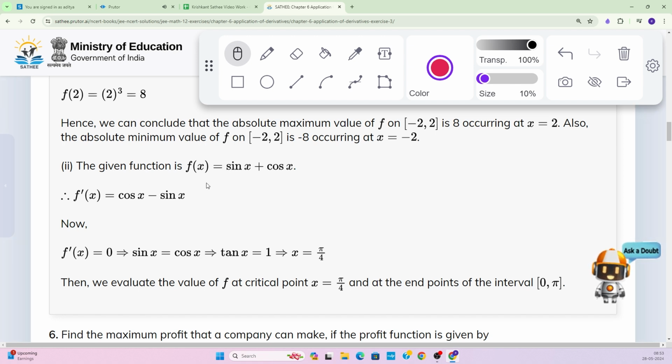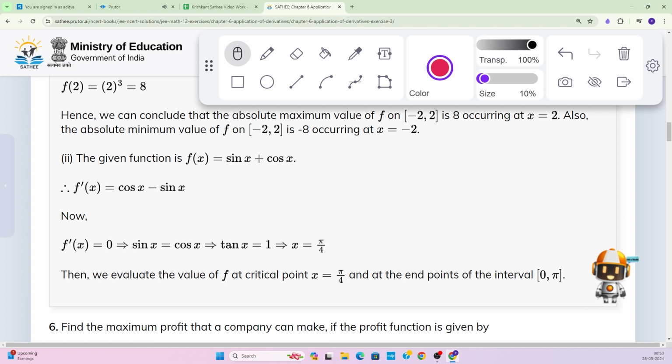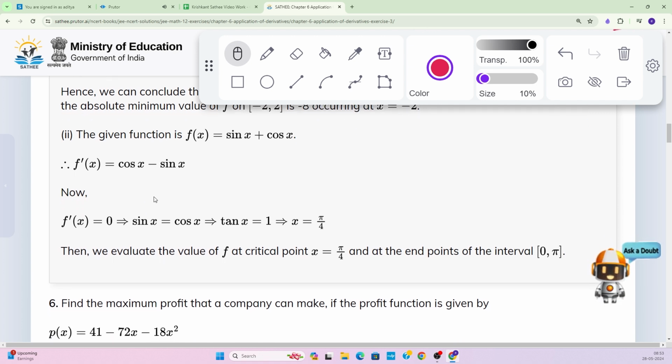Now this function f(x) = sin x + cos x. Find the first derivative, put it equal to 0, you will get pi by 4. This means pi by 4 will be your critical point. So evaluate at x = pi by 4 and at 0 and pi. You will get 2 root 2 over 2, which is root 2, for f of pi by 4.